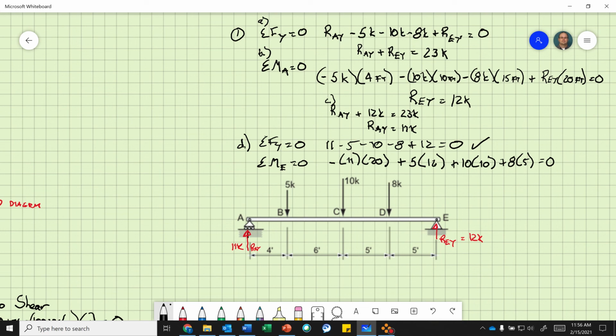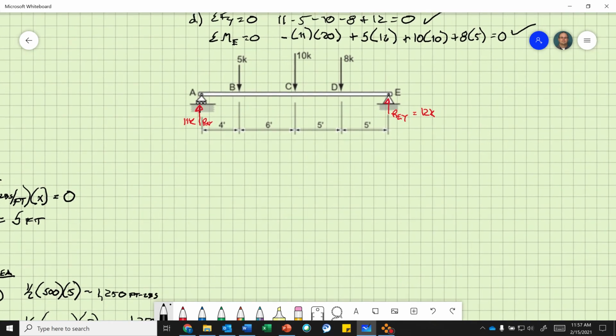All right, I did something wrong there. 5 times 16 plus 10 times 10 plus 8 times 5. So that's 220. There we go. So when I add these three positives, 220, 11 times 20 is 220, so that does equal 0. So we're good. See, this one is not as easy to determine if I did my reactions right. So I'm good. All right.